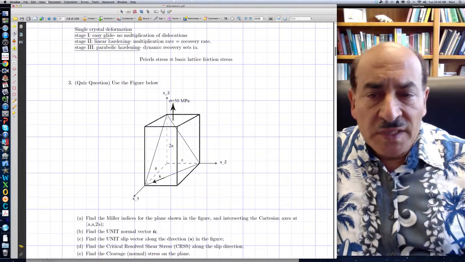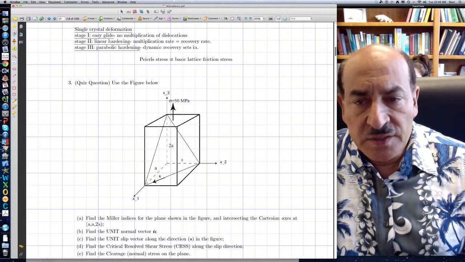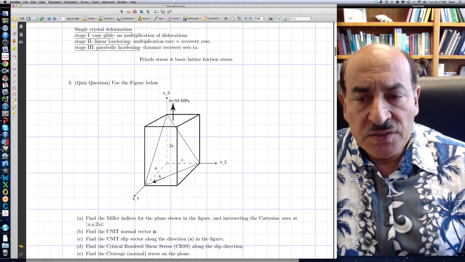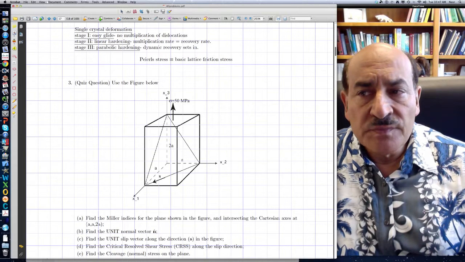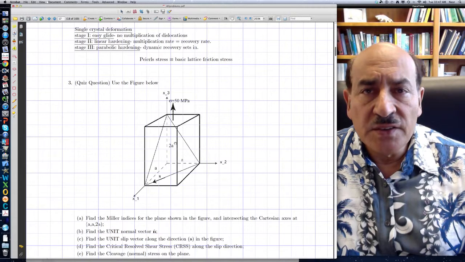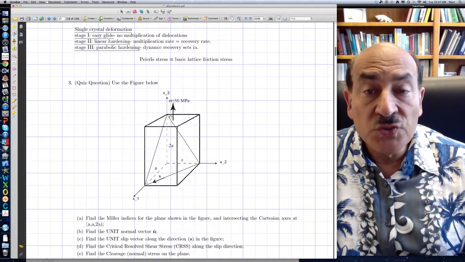The idea of Miller indices is that first we take the intersections of the plane with the three directions. So the intersection on the x1 is a, and the intersection on the x2 is a, and the intersection on the x3 is 2a.